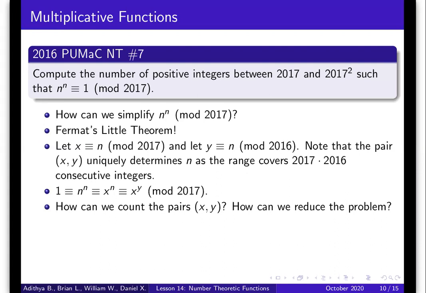So here, one of the problems is that we don't know the order of x mod 2017. So it's hard to give a specific constraint on y from this. So is there something else that we can use to be able to get a constraint on y?